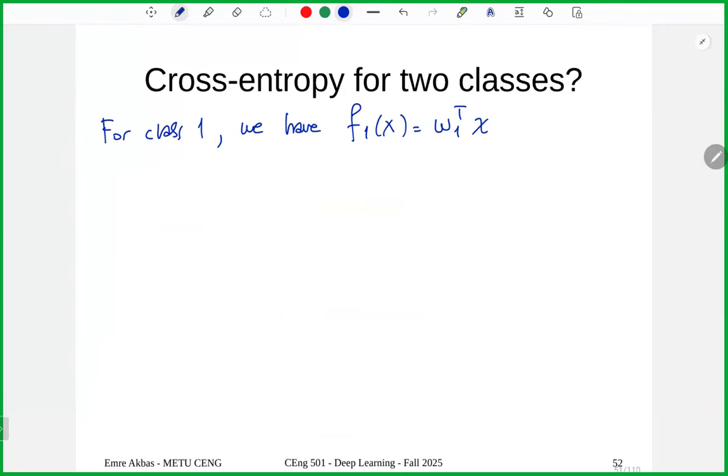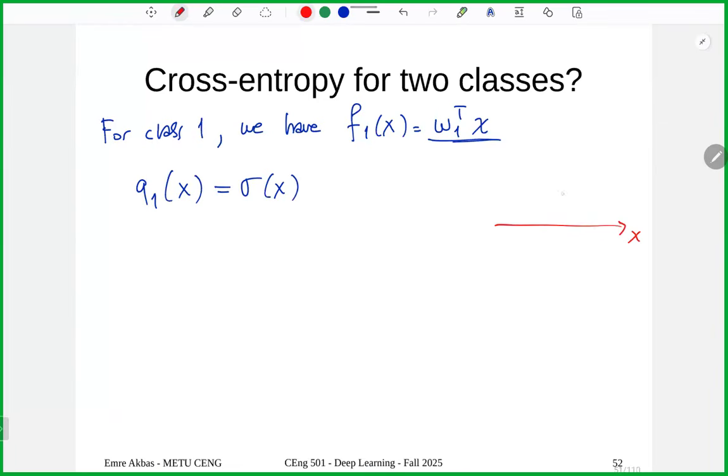And then Q1, which should be an element in a probability distribution, we use the sigmoid function to apply onto this one in order to make it between 0 and 1. So the sigmoid function squashes its input.